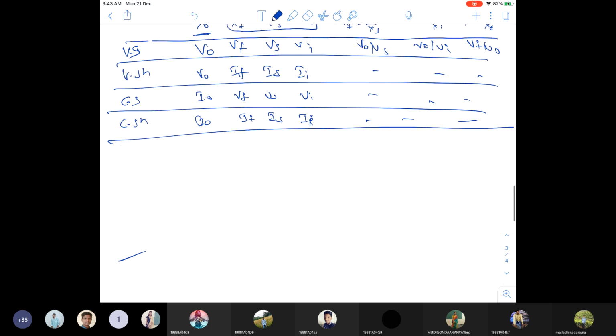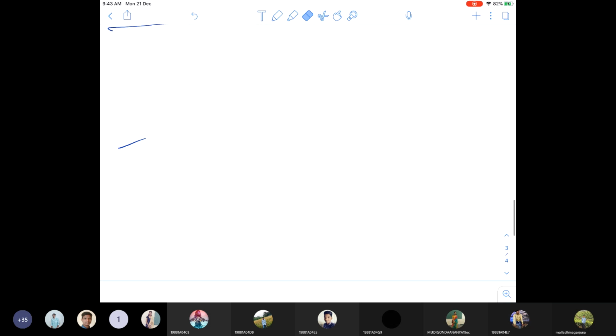So this is the table. From this, first let us discuss how to draw the block diagram for feedback amplifiers. For example, take the voltage series feedback amplifier.